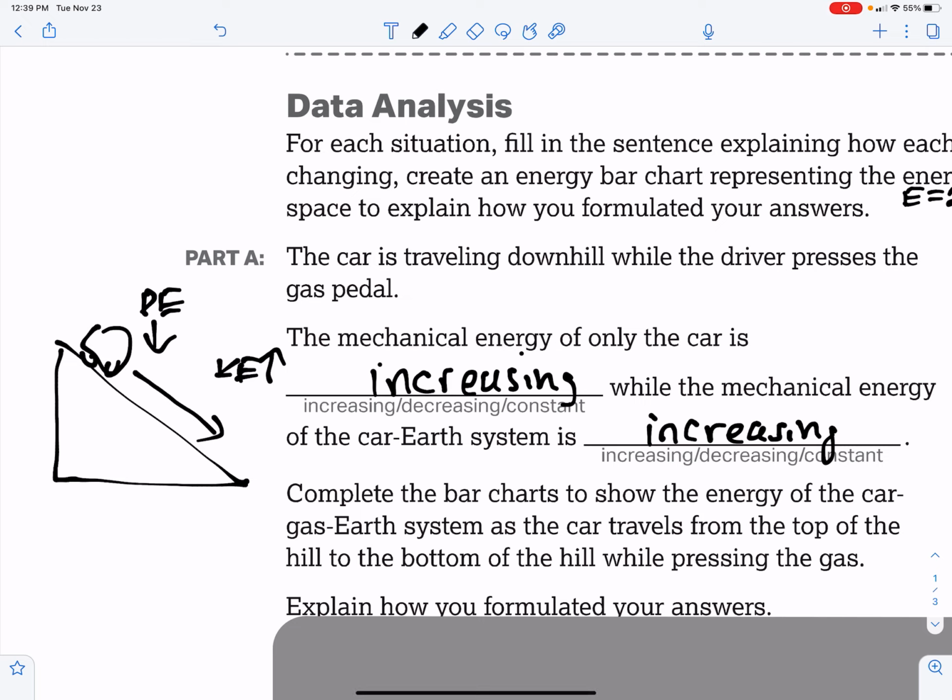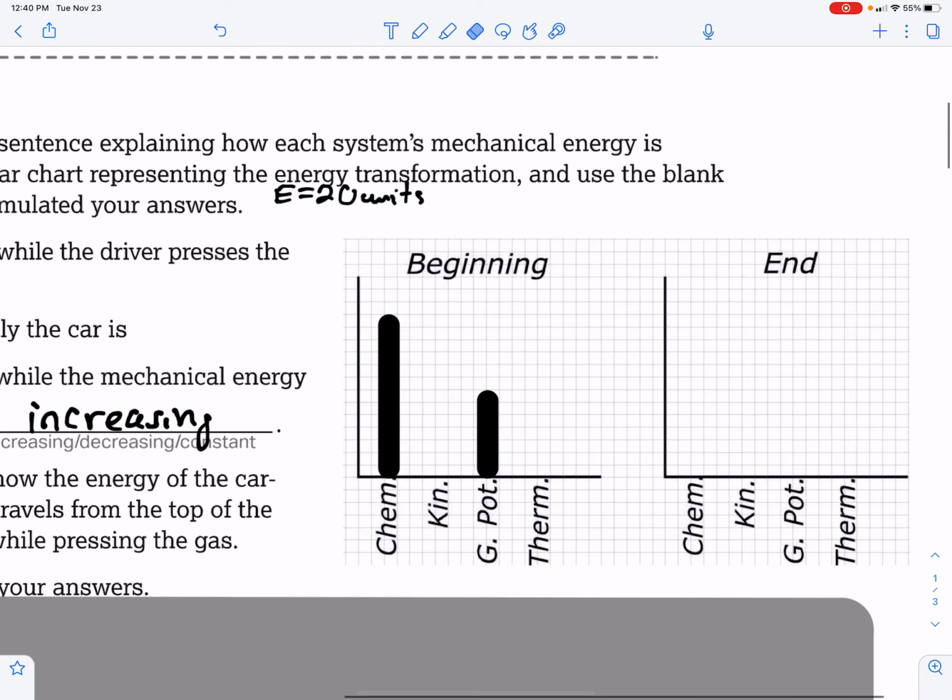But if you're pressing the gas pedal as you do this, you're injecting more mechanical energy into the system. So although you might be decreasing potential energy, you're increasing kinetic energy by more than you are decreasing potential energy, because of the pressing of the gas pedal and the conversion of chemical energy into kinetic energy.